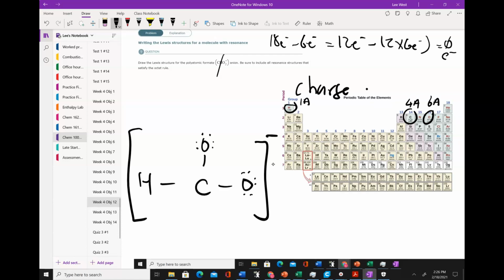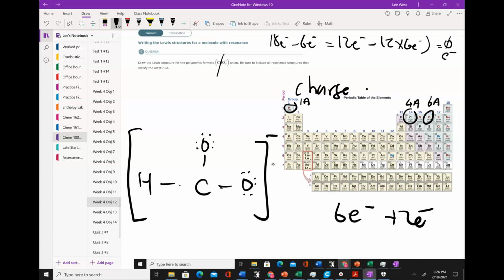If I had electrons left over at this point, I would put them on the central atom, but there's none left. Now I check whether the central atom has an octet, and it doesn't: 2, 4, 6. It only has 6 electrons around it. So I have to bring in one lone pair to get it up to 8.